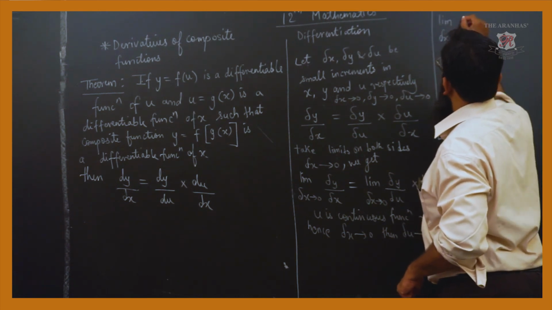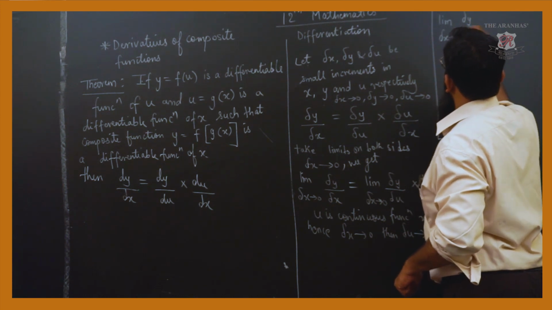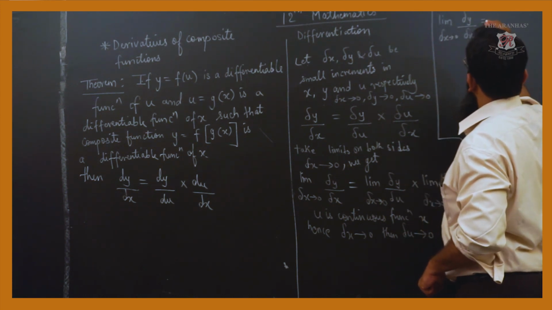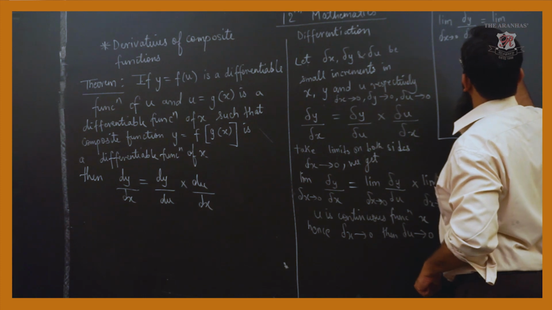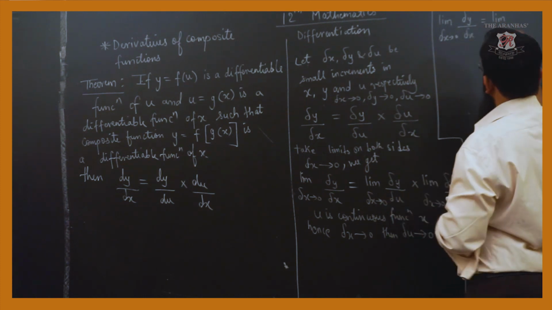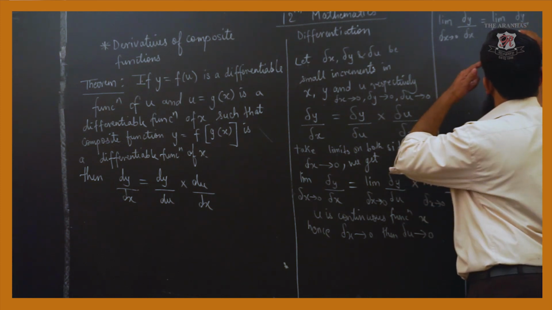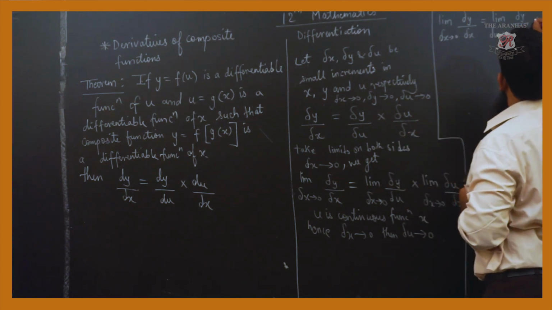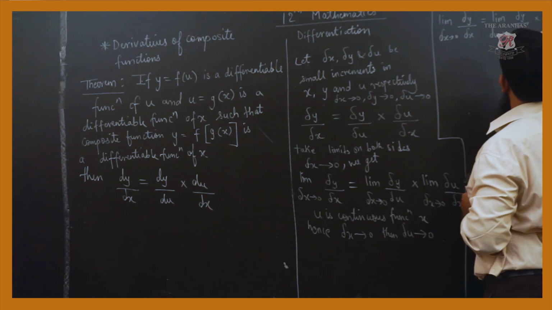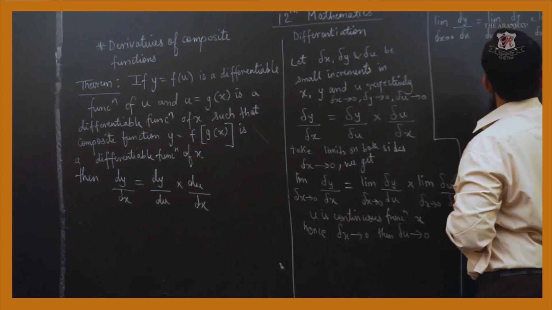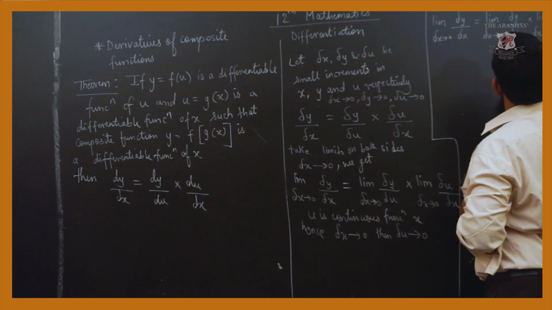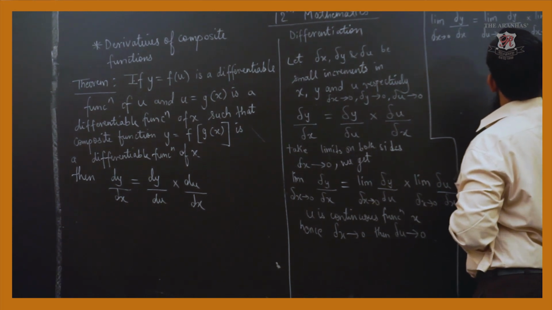So then what I can write here is limit delta x tends to 0, delta y upon delta x is equal to limit, here you can write delta u tends to 0, delta y upon delta u into limit delta x tends to 0, delta u by delta x.